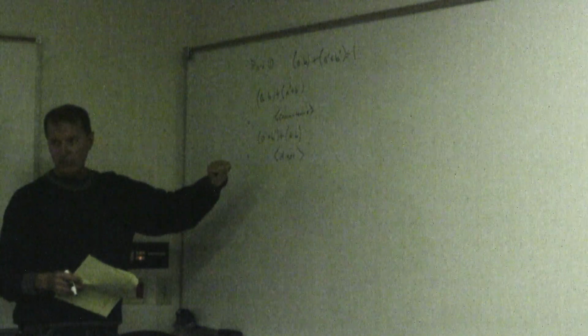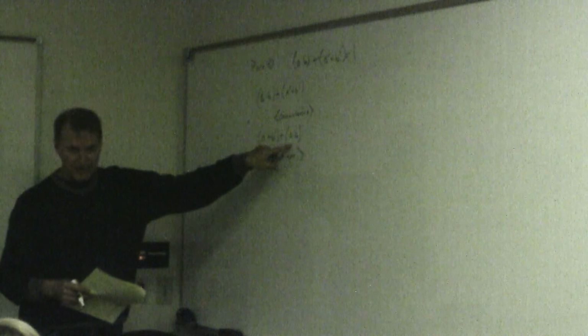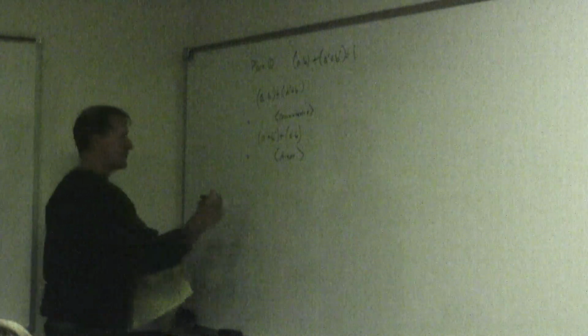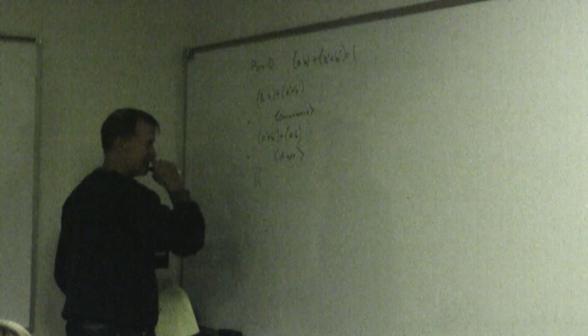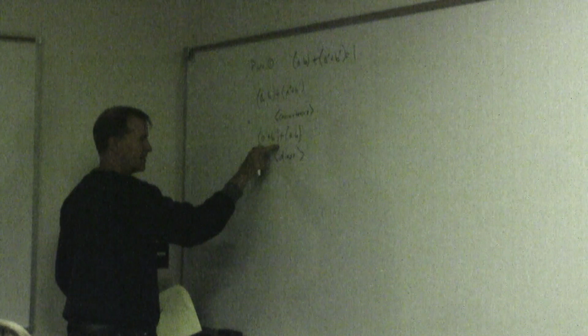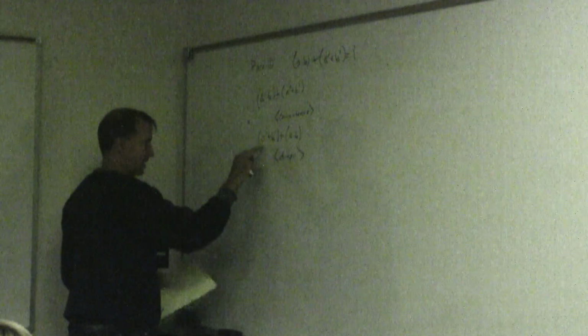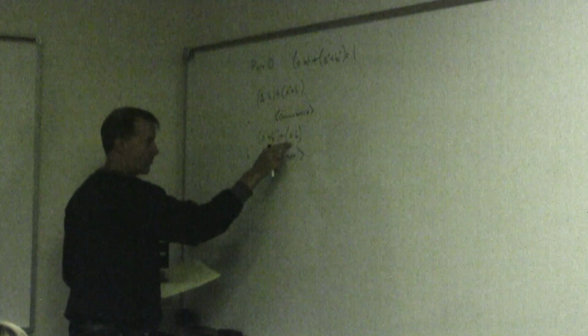Is everybody clear on what we're going to do here? So this is going to go into here. What's it going to be? This whole thing is going to be ORed with this.